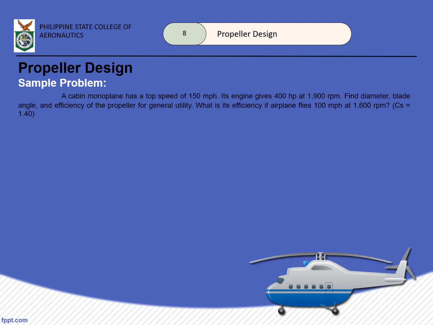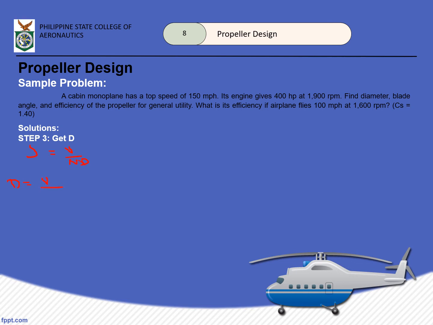Okay? Now that we have our advance ratio, what is our next step? Siyempre, get the D. Okay. Get the diameter. So, going back, what is our formula for advance ratio? It is V over ND. Diba? So, we try to put diameter on the other side of the equation.